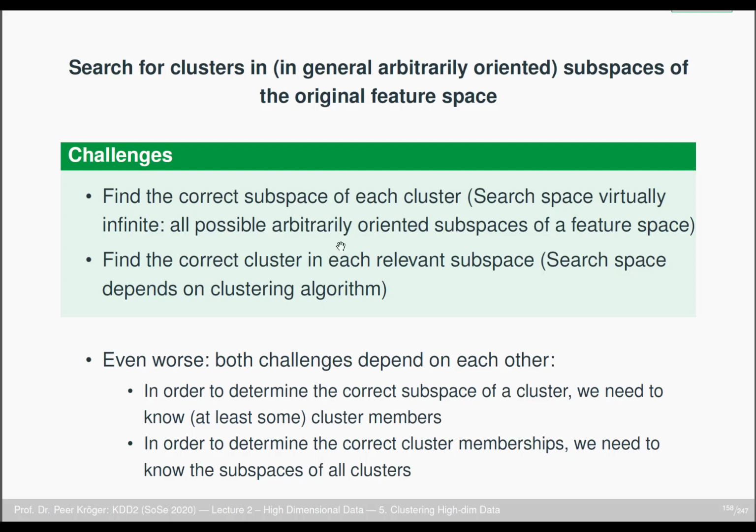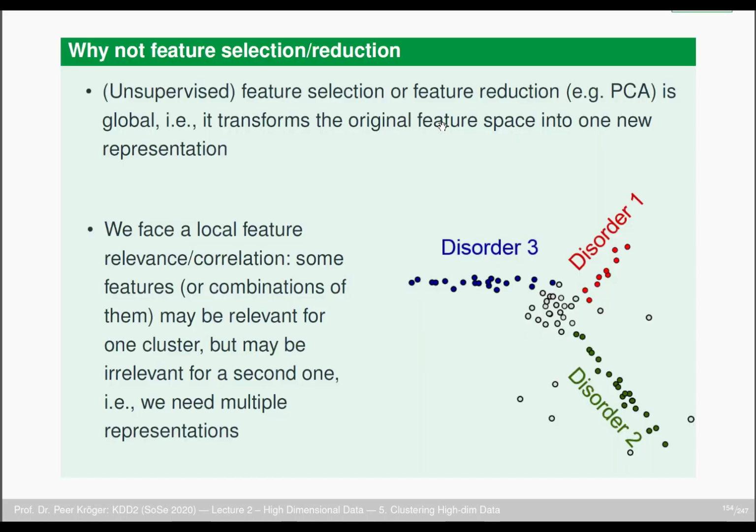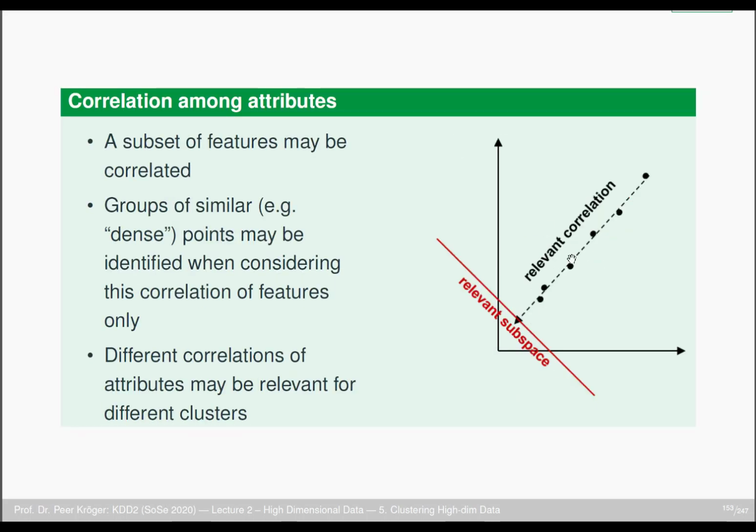So the general problem setting in this case is that we search for clusters in subspaces of the original feature space, and these subspaces are in the general form arbitrarily oriented. So in this specific problem, we search for clusters that are similar in an arbitrarily oriented subspace.